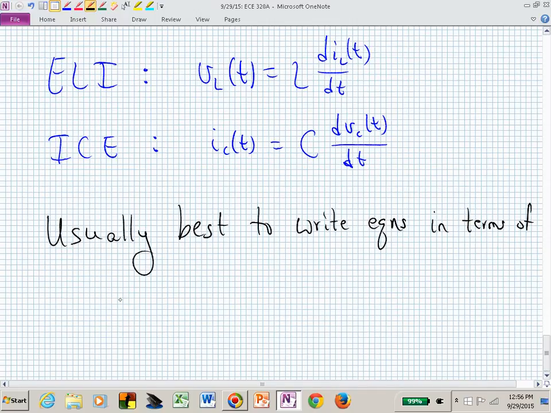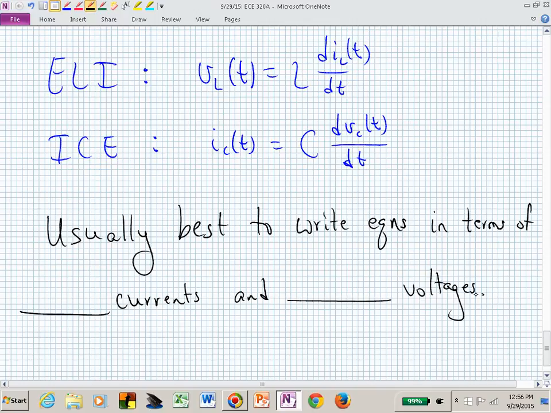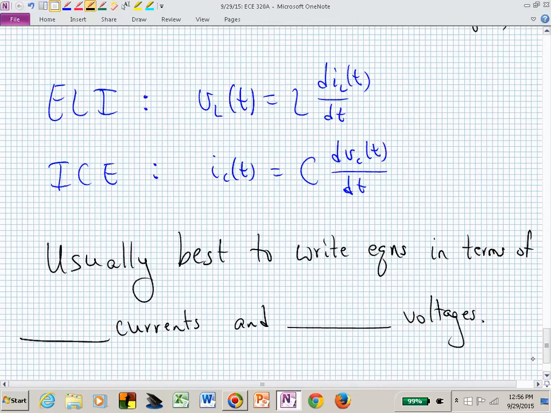Somebody's currents and somebody's voltages. Do you remember which is which? I told you to focus on those last variables, didn't I, in Eli and Ice?